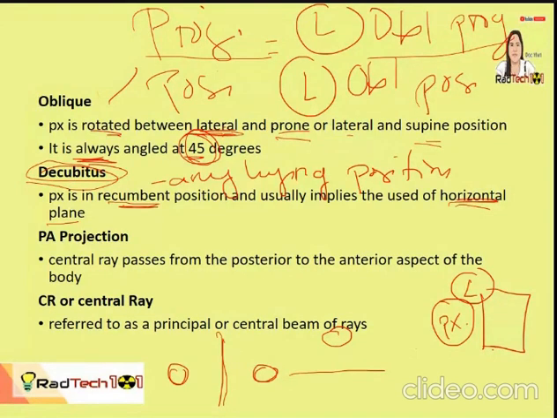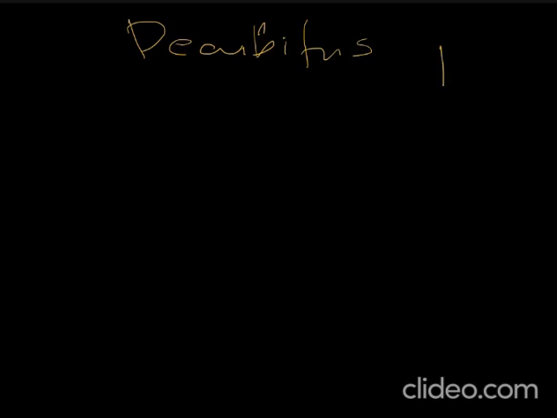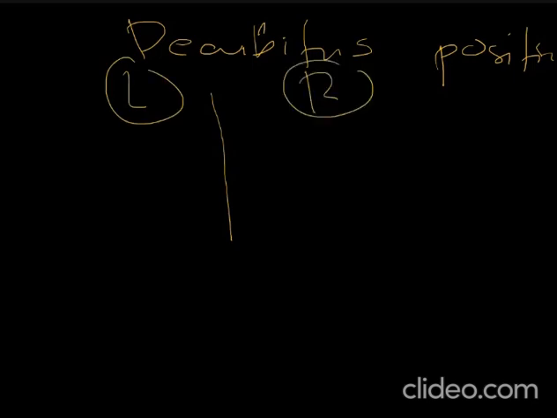And decubitus is a position. So for example, if this is the X-ray table, this is the left portion, the right part of the table.